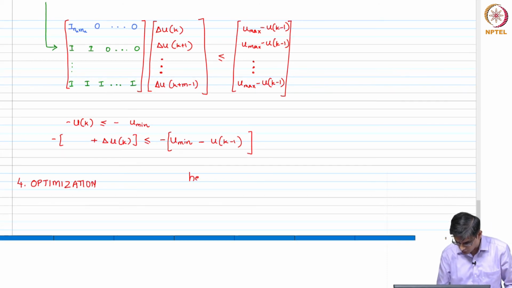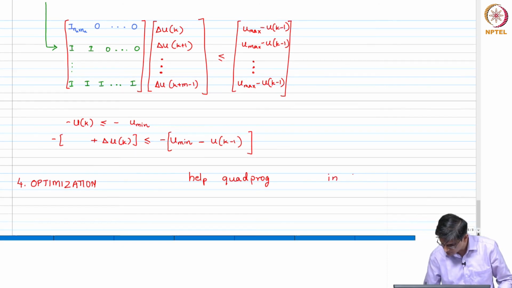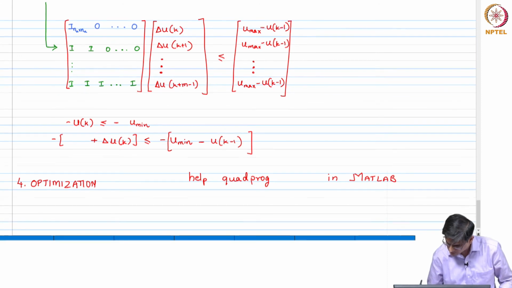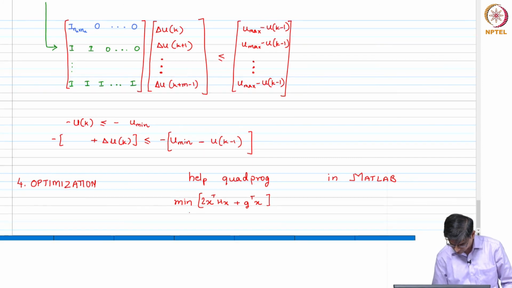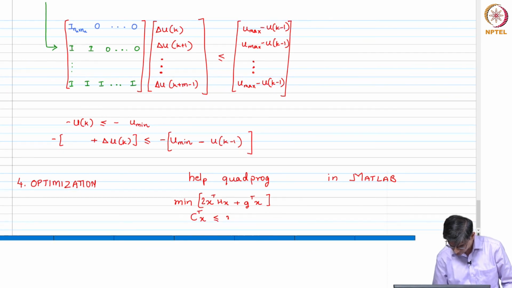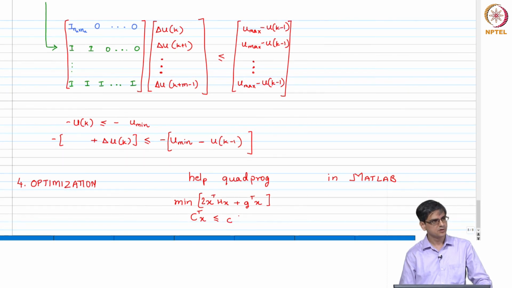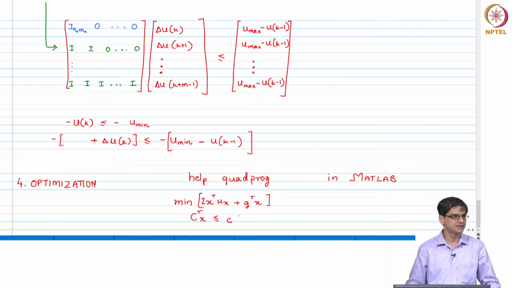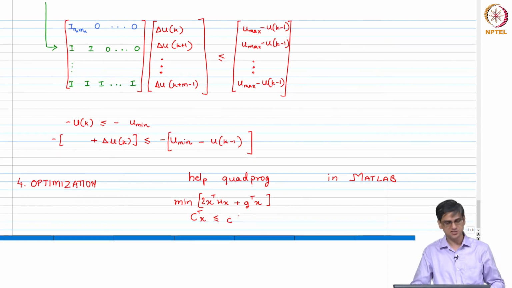Finally, you have your optimization. Okay, if you do help quadprog in MATLAB, it will tell you that quadprog solves minimum of this problem, which again immediately you will realize you had delta u transpose H delta u plus 2 times g transpose x.